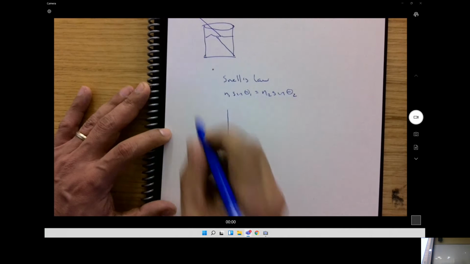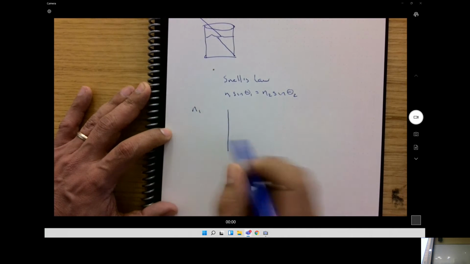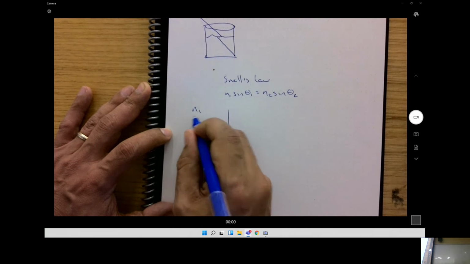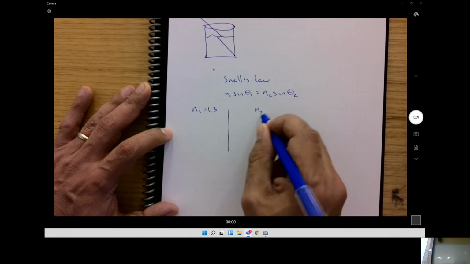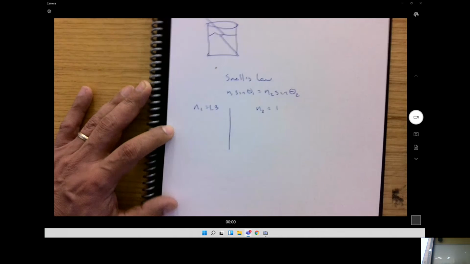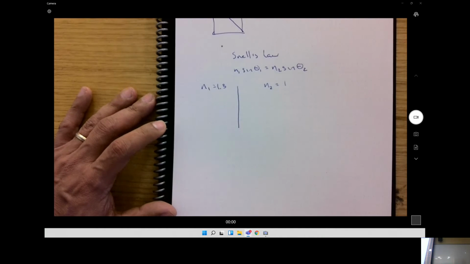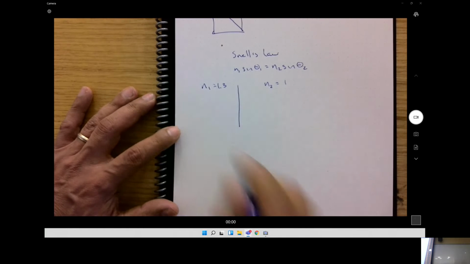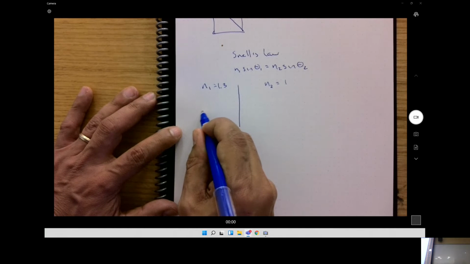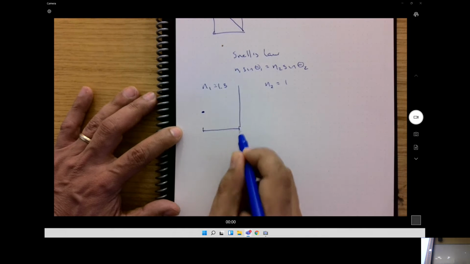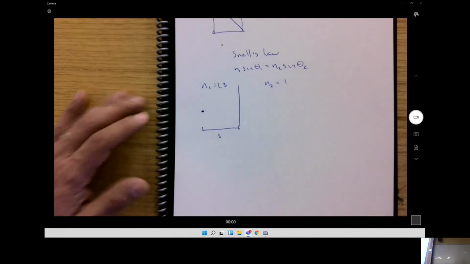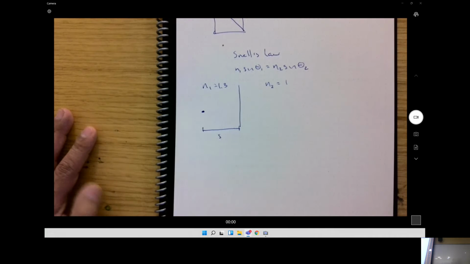I'm going to assume that I have two materials. I'm going to have water, and I'm going to have air. And I'm going to have an object at a distance s from my interface.